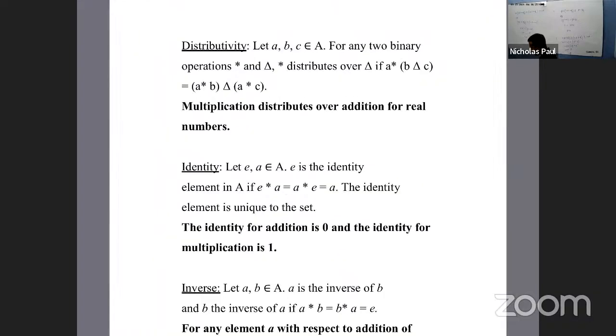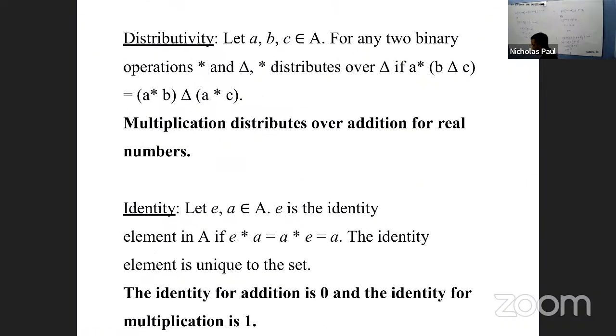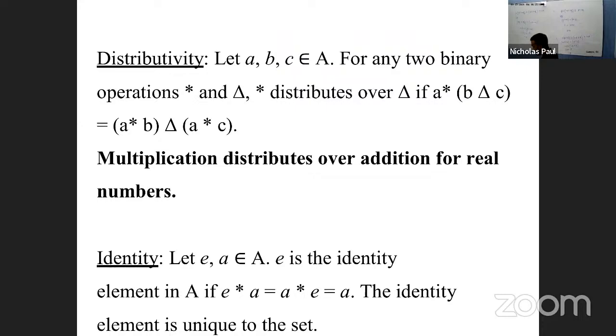Right, I will show you distributive one time. We'll do identity and inverse next week. Distributive is what we were talking about just now in algebra of propositions.